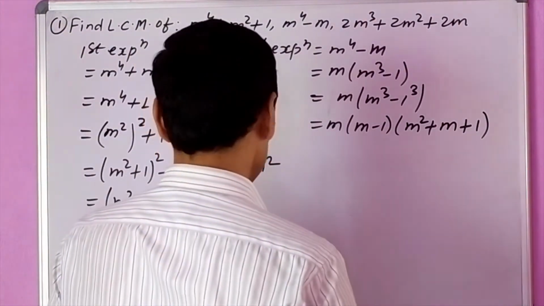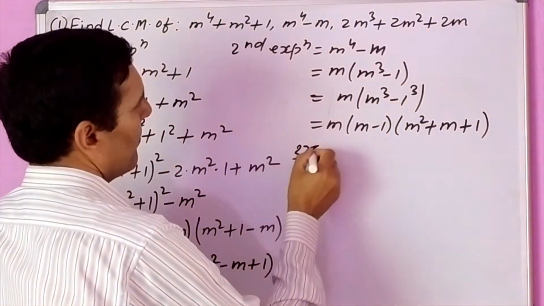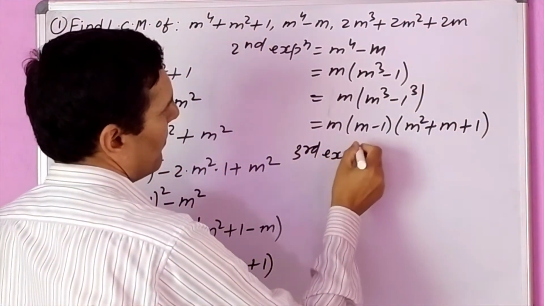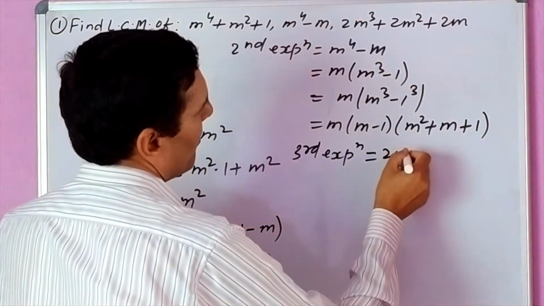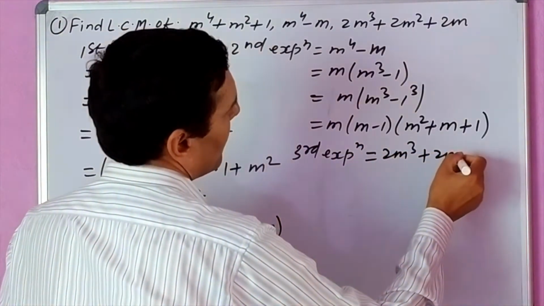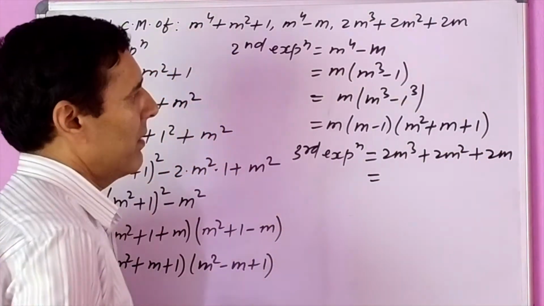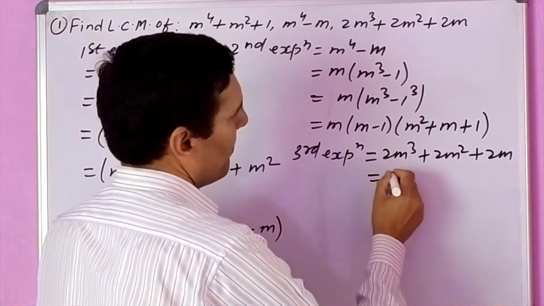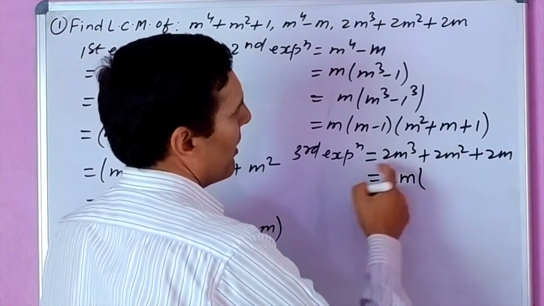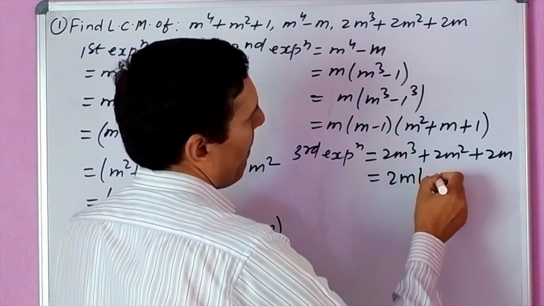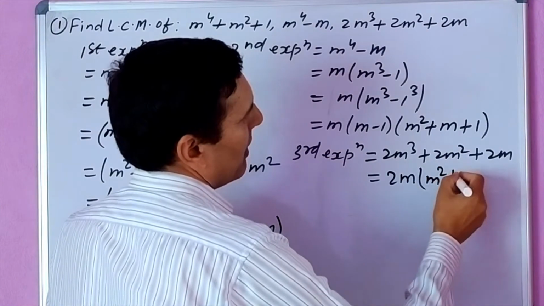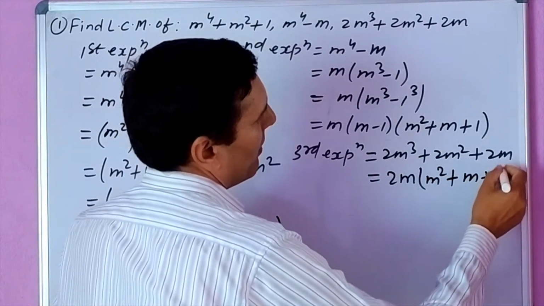Similarly, we have the third expression as well, 2m cube plus 2m square plus 2m. You can see here 2m is common. After taking 2m common, what will be remaining? m square, m, and 1.